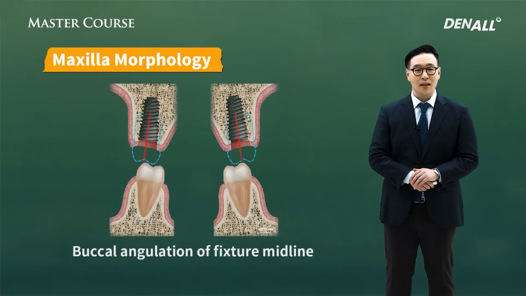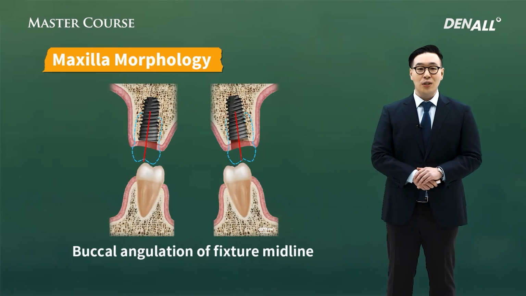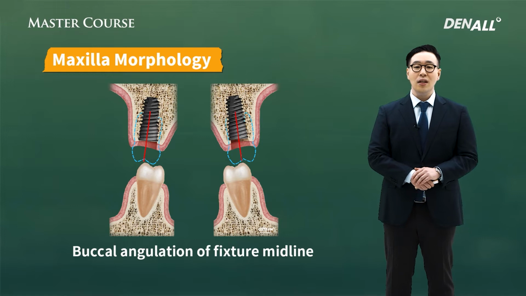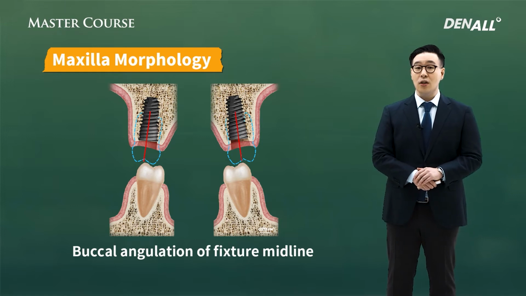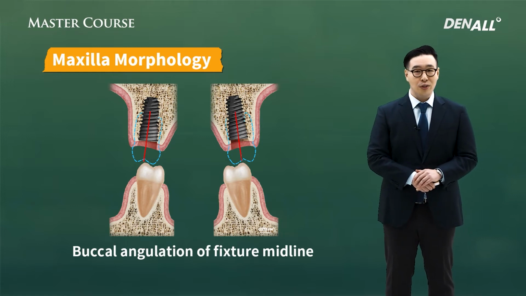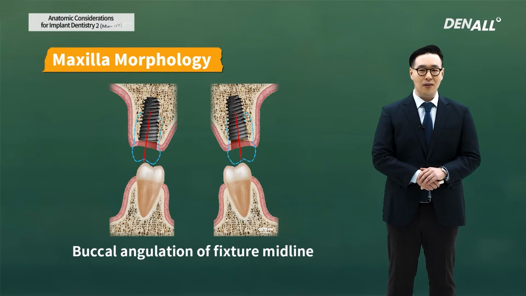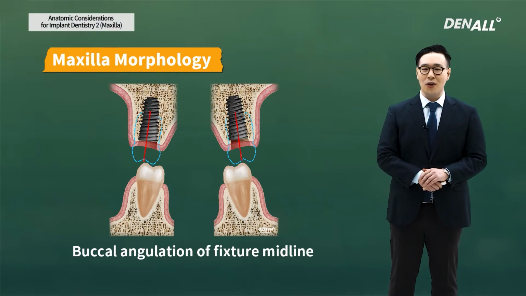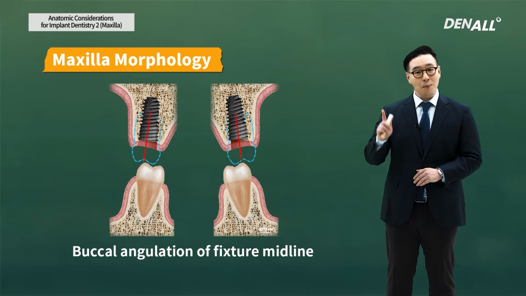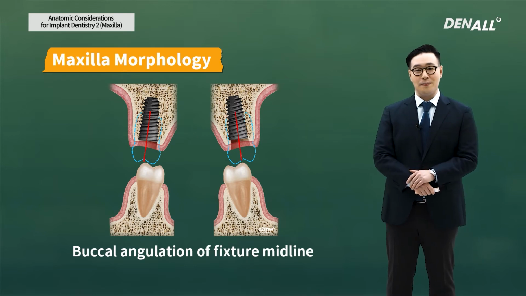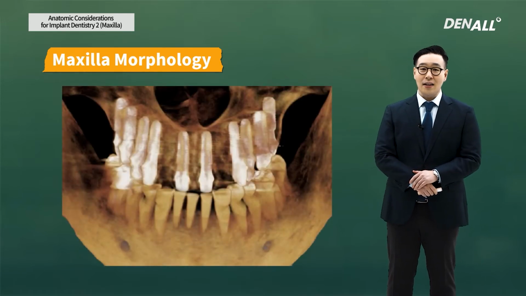And this is what you see, the axis, and on the buccal extension, on the upper posterior side, the midline exists. If there is a missing tooth here and you want to do implant restoration, then considering the opposing tooth, you have to make buccal angulation.